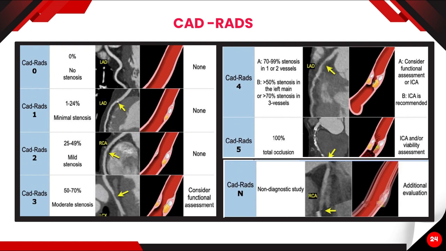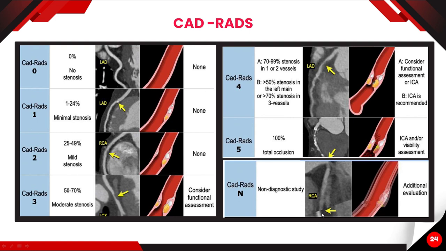This is interpreted as severe coronary artery disease. CAD-RADS 5 is when there is total occlusion of the coronary artery by the plaque, then it is called total occlusion. It is categorized under CAD-RADS 5, and CAD-RADS N is a non-diagnostic study.